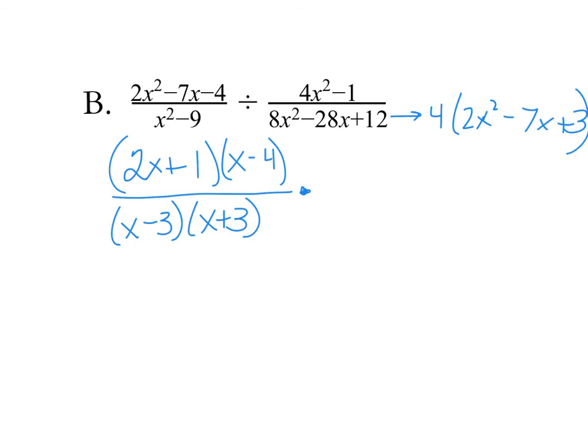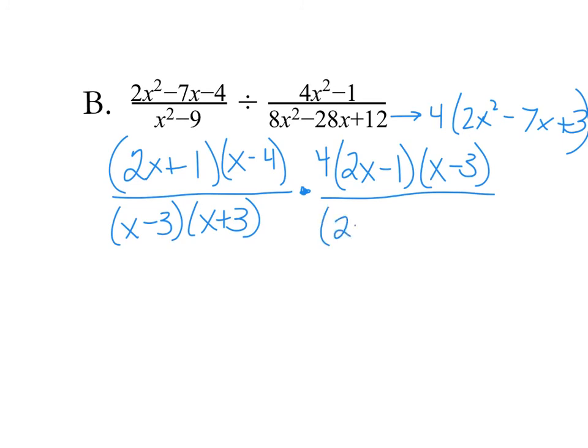So when we go ahead and factor this, this will be in the numerator, right? The denominator becomes the numerator. It's going to be 4 times 2x minus 1 times x minus 3. Finally, I want to factor my 4x squared minus 1. That will be 2x plus 1 times 2x minus 1.